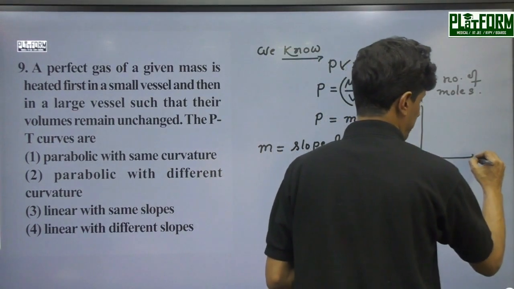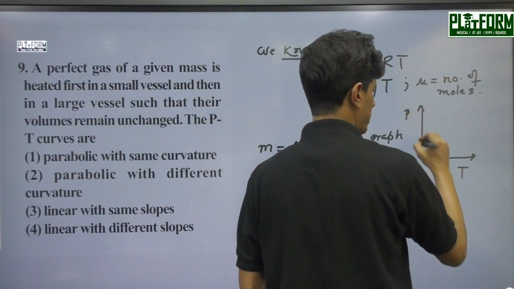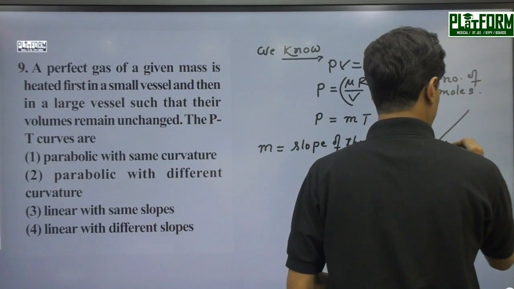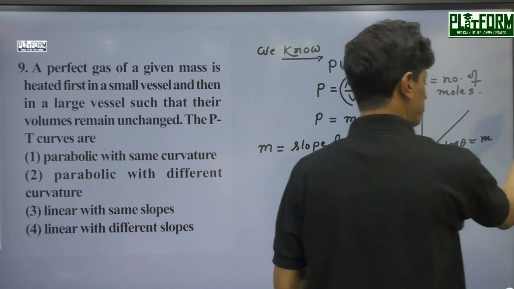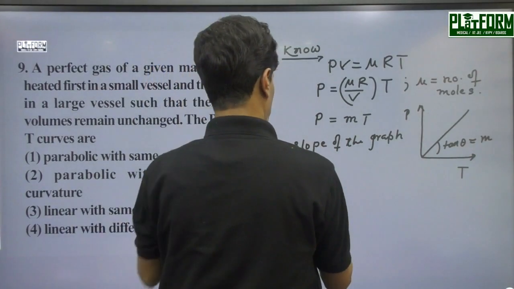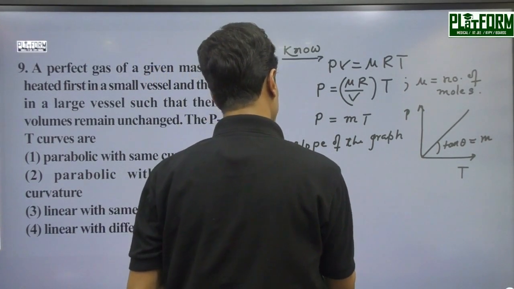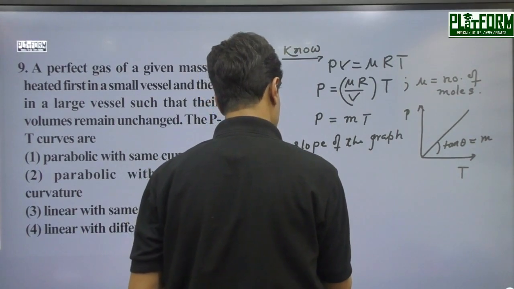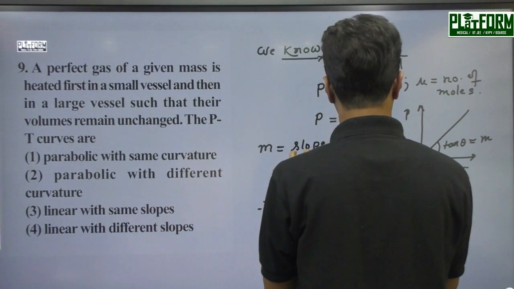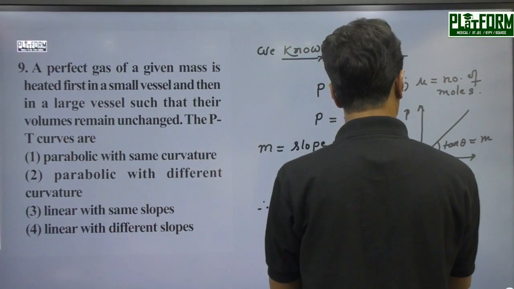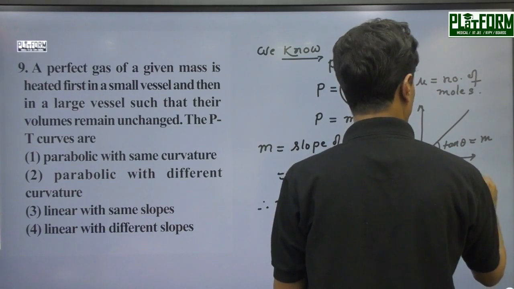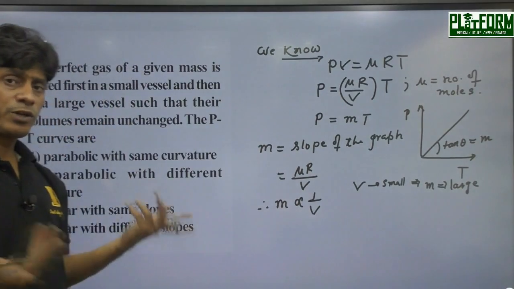If we draw the graph between temperature and pressure, we get a straight line passing through the origin, and the slope of this graph, tan theta, equals M. But this M is equal to mu R by V. So therefore M varies as 1 by V. For a small vessel, V small, then M is large.